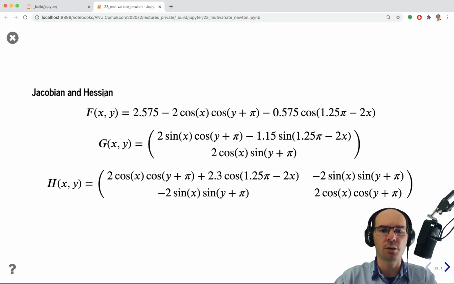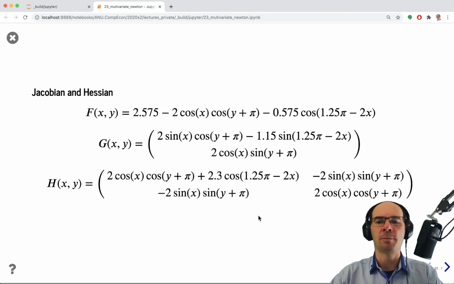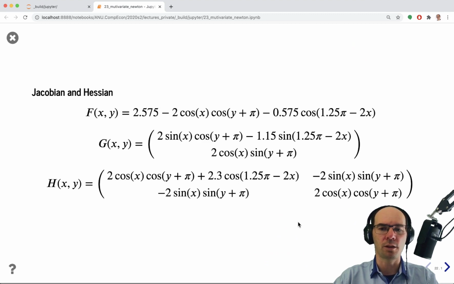This function is not n-valued, right? What we have is just a vector, the gradient consisting of two elements. And then taking the second derivative, now we have to differentiate this g of x and y. Then we have the Hessian matrix of f or the Jacobian matrix of g, which is now a 2 by 2 matrix. You can check these calculations here, but I think they are fine.